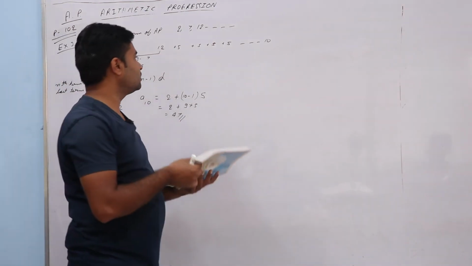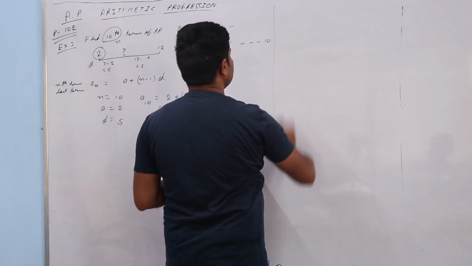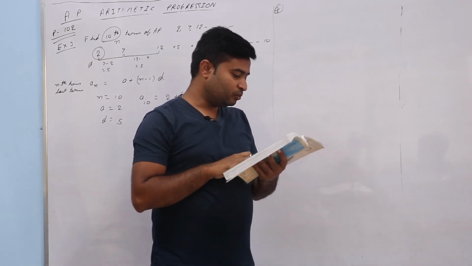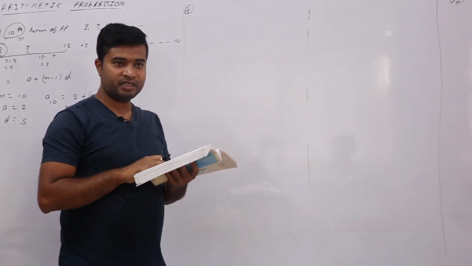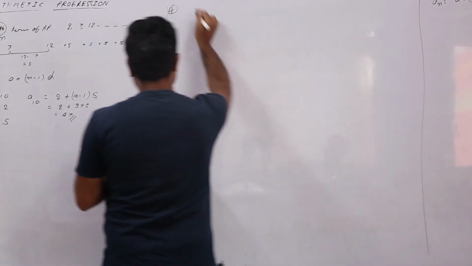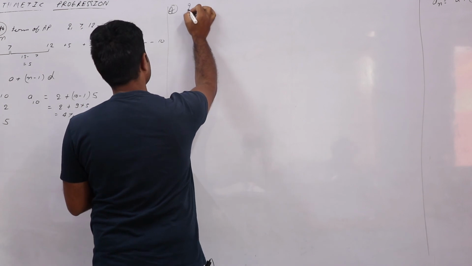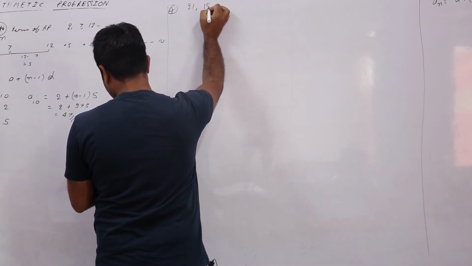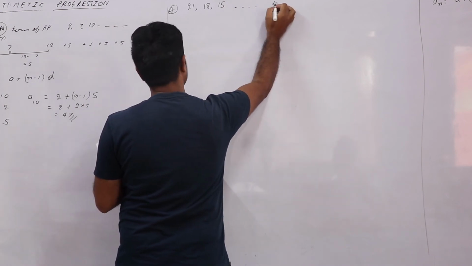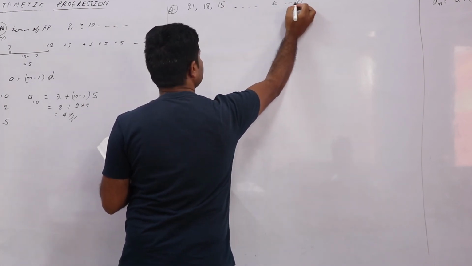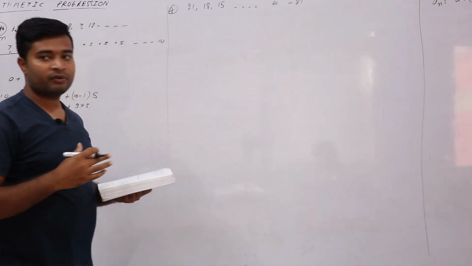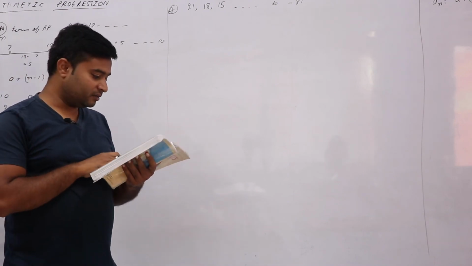See question number 4. The question is saying: which term of the AP 21, 18, 15, and so on is minus 81?